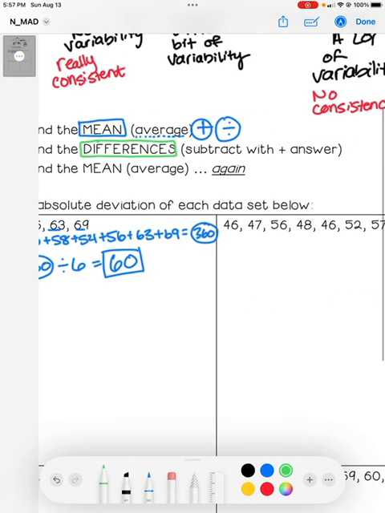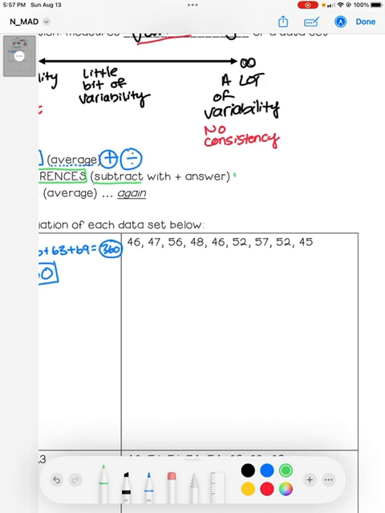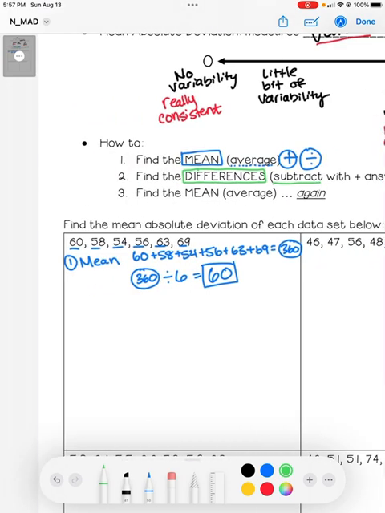We're going to subtract with a positive answer. We're going to take the mean minus each data point. So we're going to have as many subtraction problems as we did data points. In this first example, we had 6 different numbers, so we're going to have 6 subtraction problems now.